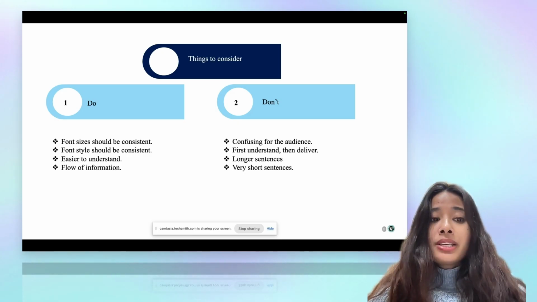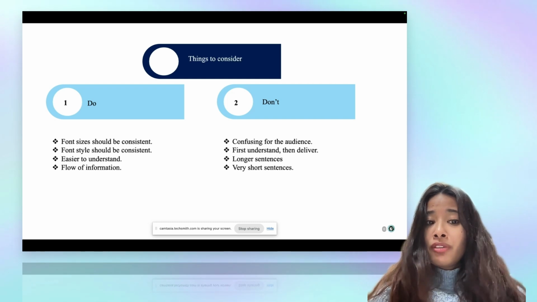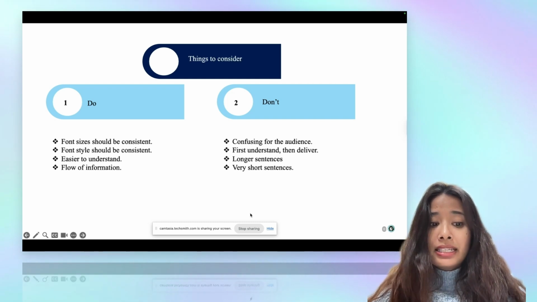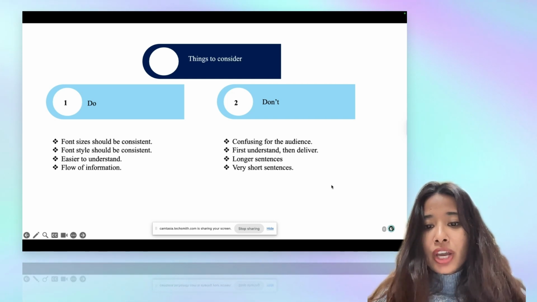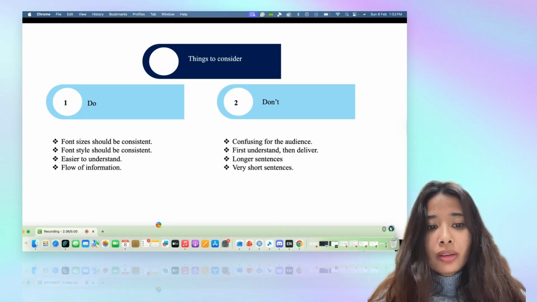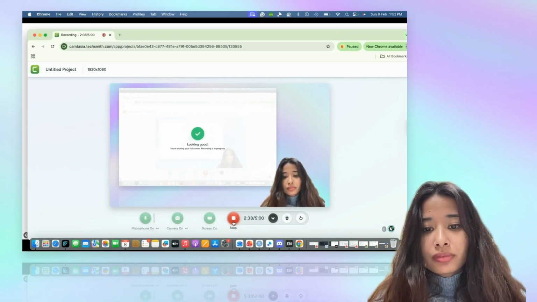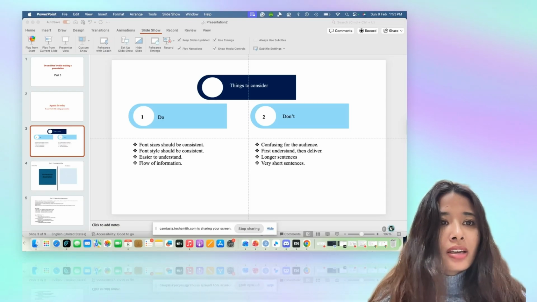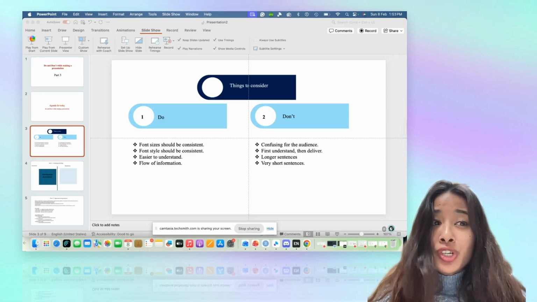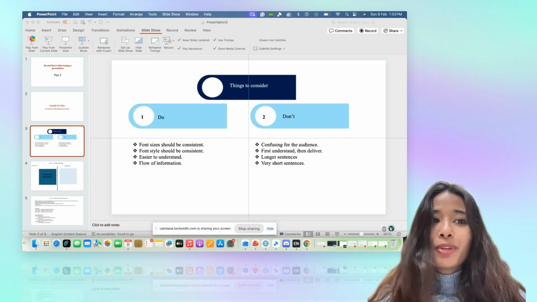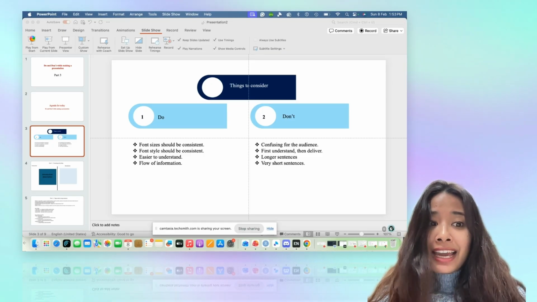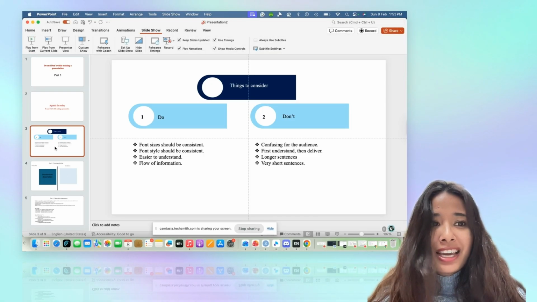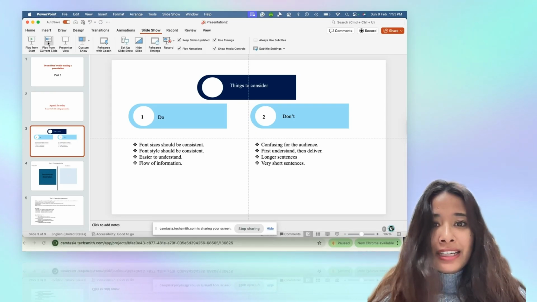So yeah, the do is always be consistent with the flow, font size, and sorry, just a sec, I need to check if my thing is working. All right, so I think my presentation just stopped for some reason, I'm not sure. So I'm just starting it again. I'm sorry for these technical issues, but yeah, let's keep learning.